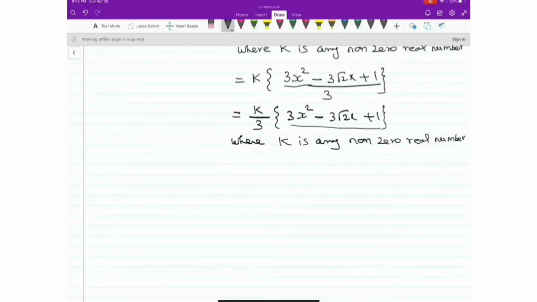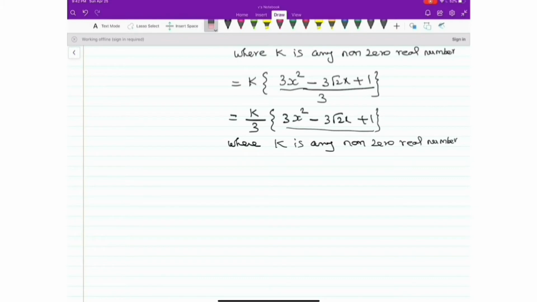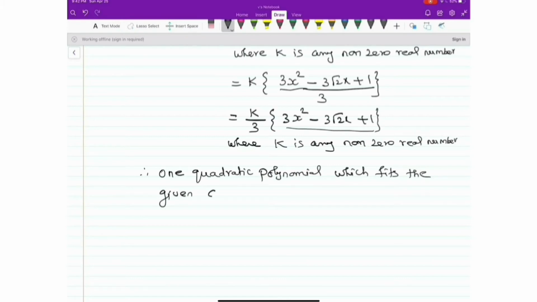Therefore, one quadratic polynomial which fits the given conditions is f of x is equal to 3x square minus 3 root 2x plus 1.